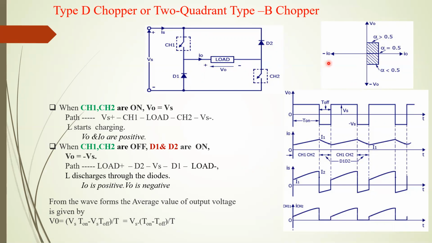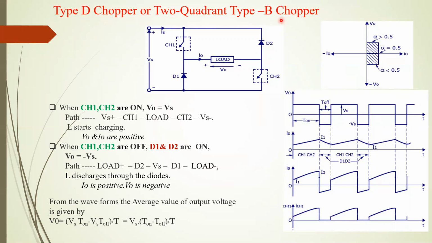So this can be shown in a graph. During the time the choppers are on, the type D chopper operates in the first quadrant, and when the choppers are off, D1 and D2 are conducting. At this condition, the chopper operates in the fourth quadrant. So this type is called the two-quadrant type B chopper.